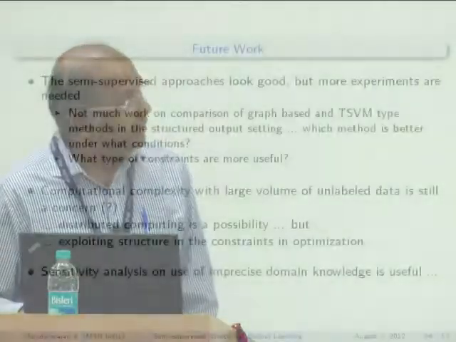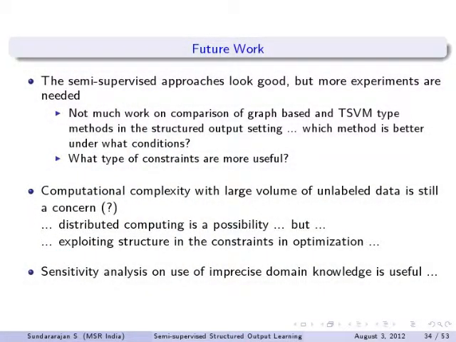So even though it is expensive, go for a deterministic annealing type method, which can avoid bad local minima. Now in terms of future work, there is a lot to be done here. In the structured output setting, not many experiments have been done to demonstrate the usefulness of these methods. For example, if you ask whether you should choose a graph based method or a transductive SVM method, it's still unclear.